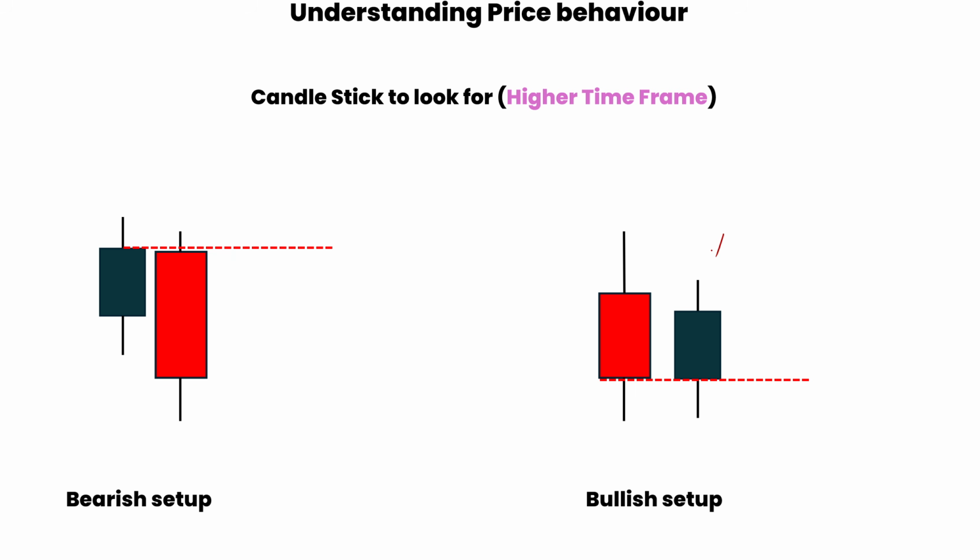Sometimes even this candlestick might not be this big. Sometimes you will have a smaller candlestick here. This one will be small, and then you have this one here, which is a little bit smaller. Okay, and then you will have this kind of candlestick in the market like this.